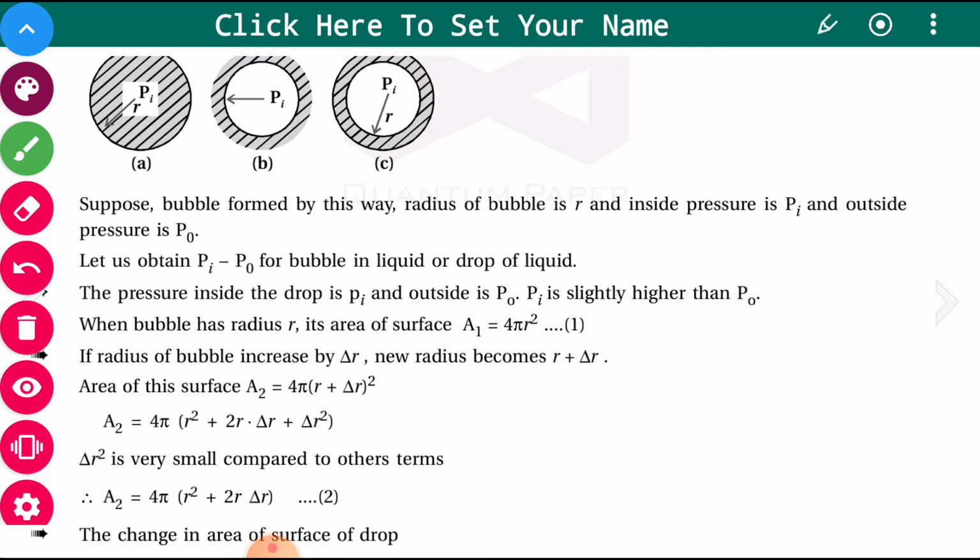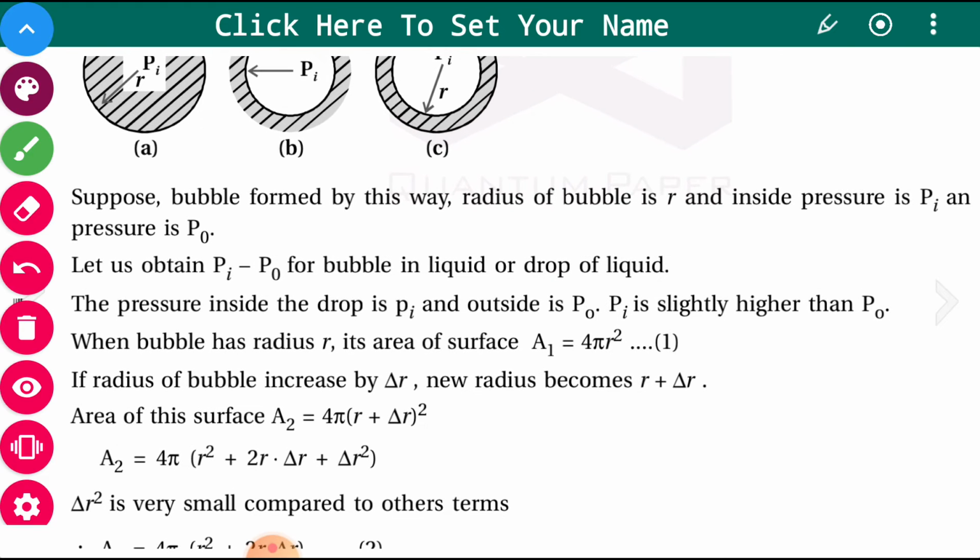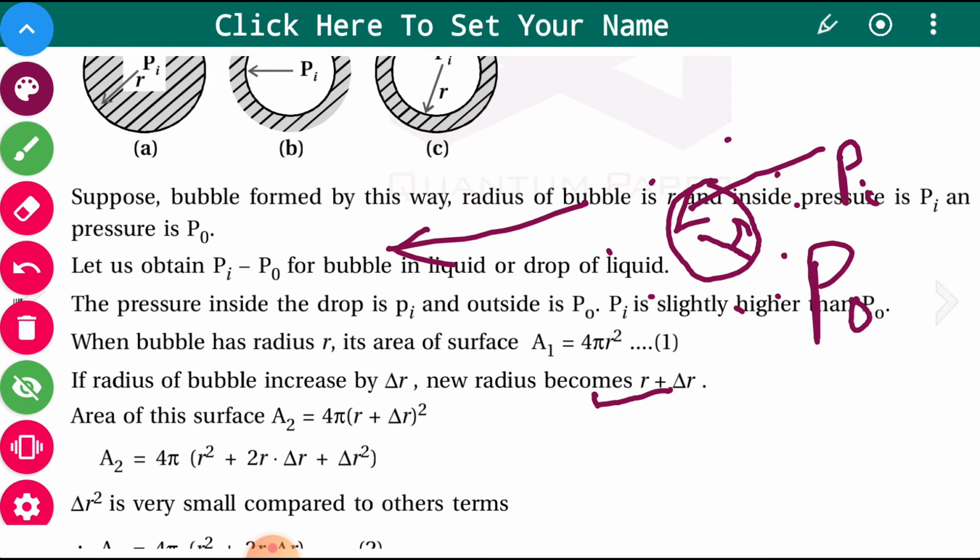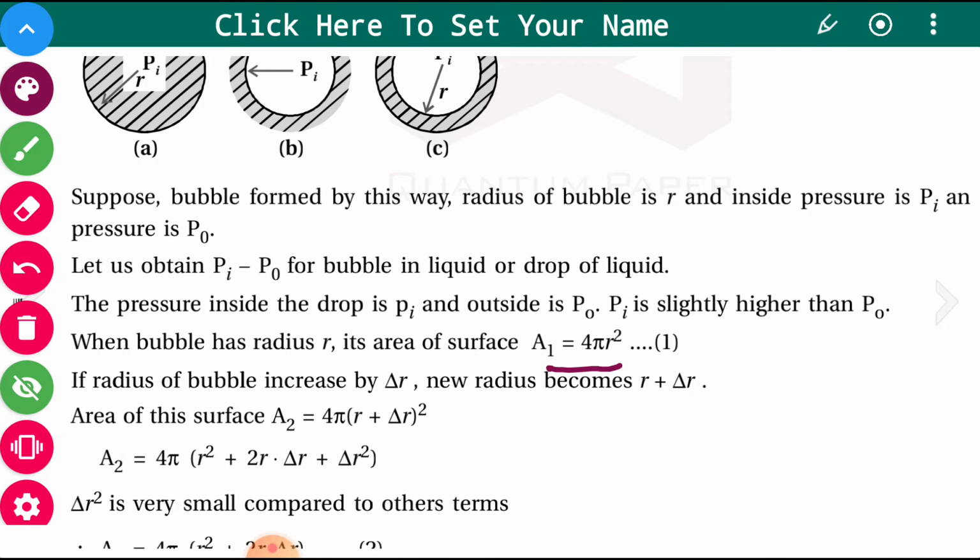Now when a bubble of radius r is made, its surface area will be equal to 4 pi r square. Now when the radius is increased by delta r, the new radius becomes r plus delta r.